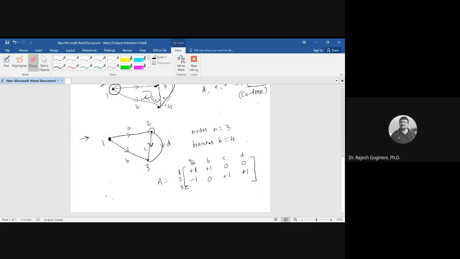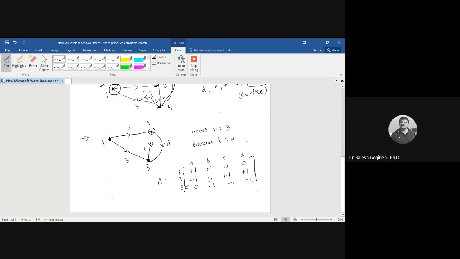What about node 3? What are the branches incident on it? B, C, D. All are moving towards node 3, and there is no incidence of A, right?